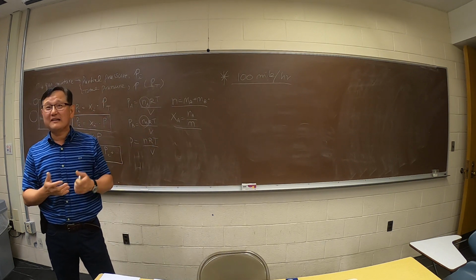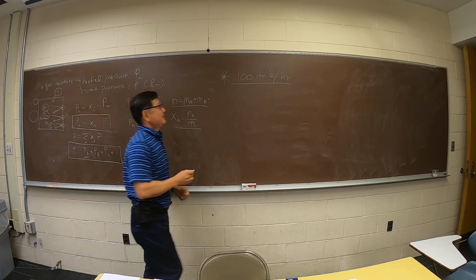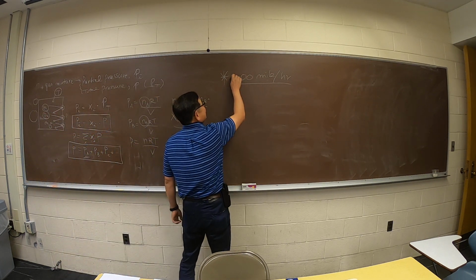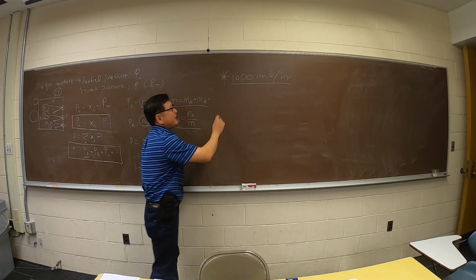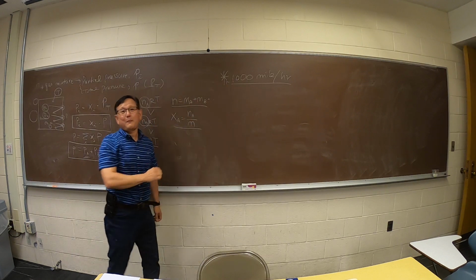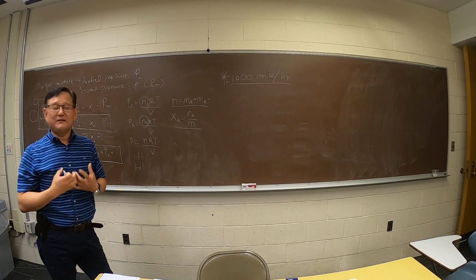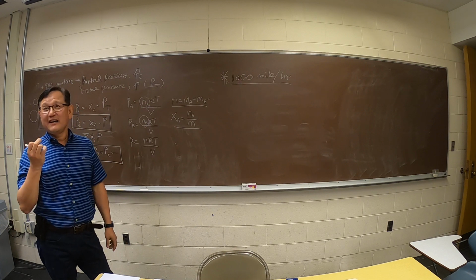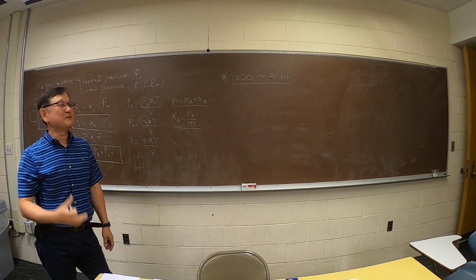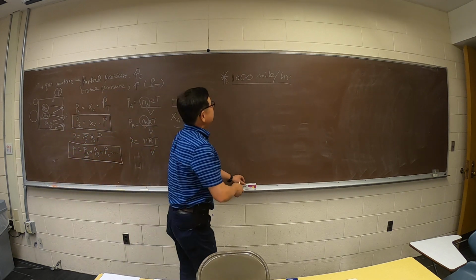This is pretty fast, right? A gas molecule at room temperature is moving about 1,000 miles an hour. Very fast. We just do not feel the pain because it is so light, so we don't feel it.